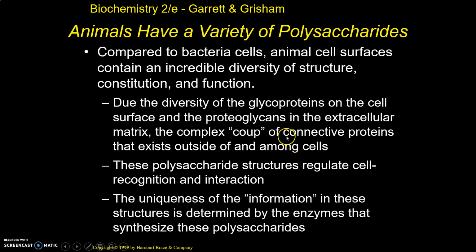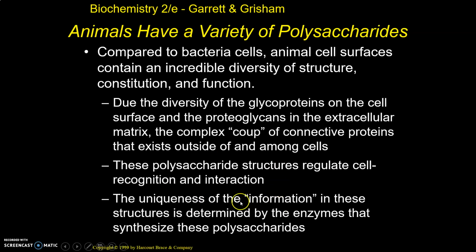We have more connective proteins, and we have polysaccharide structures that can regulate cell recognition and different forms of interaction. So we have polysaccharides that can do more than just store and provide structural support. And that's really what separates us, is our polysaccharides. We make more use of them.